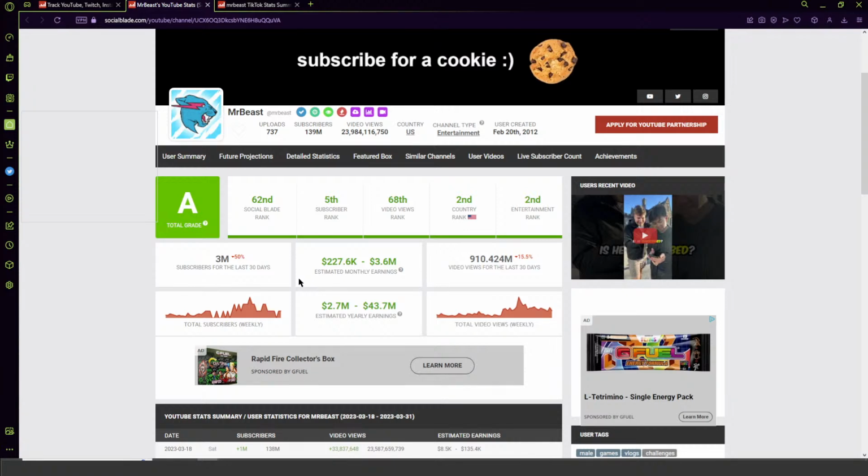The estimated monthly earnings, I mean, we can see there, by those estimated earnings, just based on the numbers and how far apart they are, right? 227,000 to 3.6 million, that they don't really know. Right? They're just trying to make a guess. And sometimes they can get close and sometimes not.